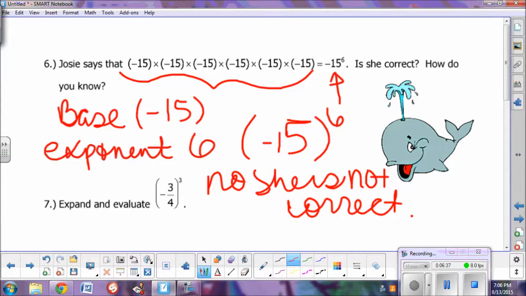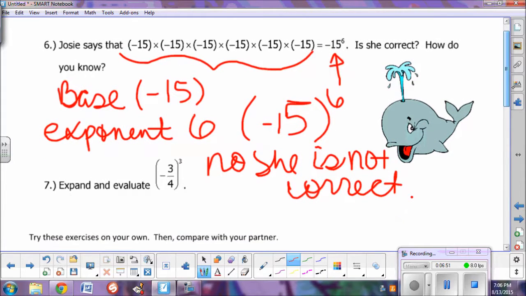So we need to be very careful when we have a negative number that we put our parentheses or grouping symbols around it when we're writing it in exponential notation, because this negative 15 to the 6th power is not the same as what truly is equivalent to negative 15 times itself 6 times.